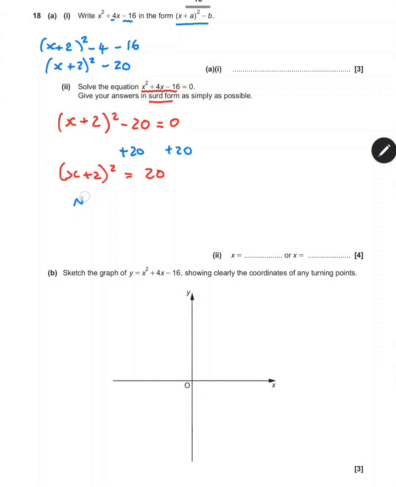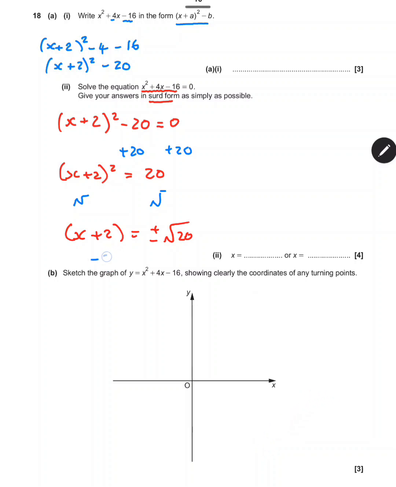Next step is to square root, undo this. And we get x plus 2 equals, now when we're square rooting 20, we need a positive and a negative square root. The square root of 100 is negative 10 and positive 10. So the square root of 20 is negative root 20 and positive root 20.